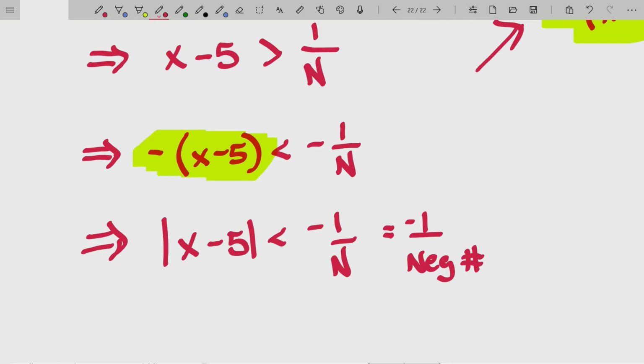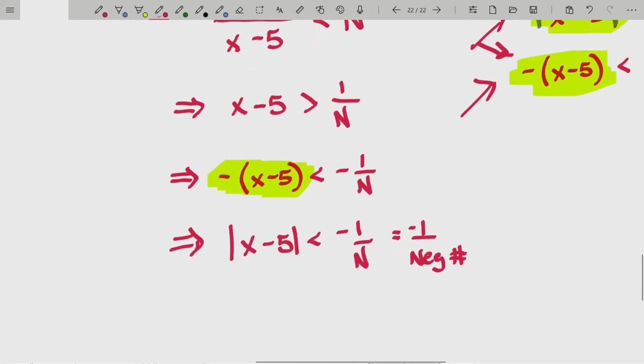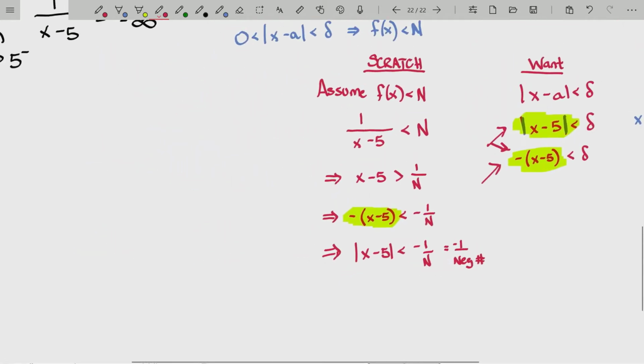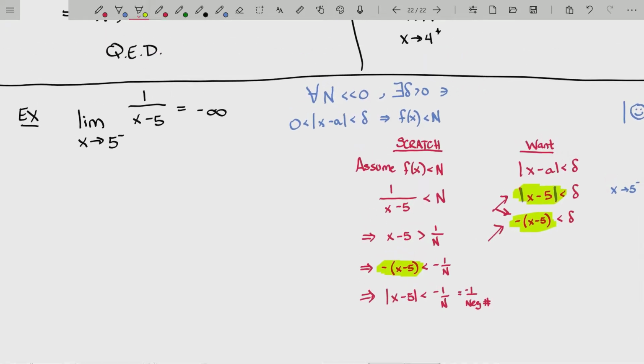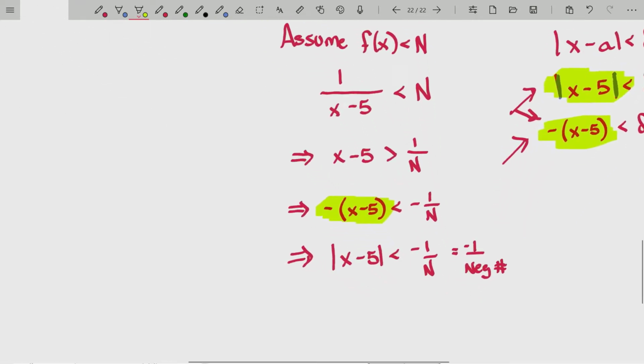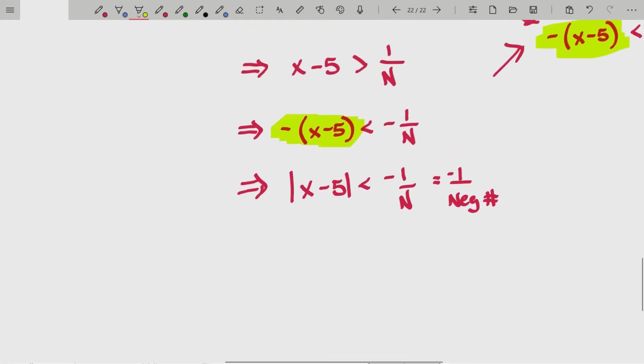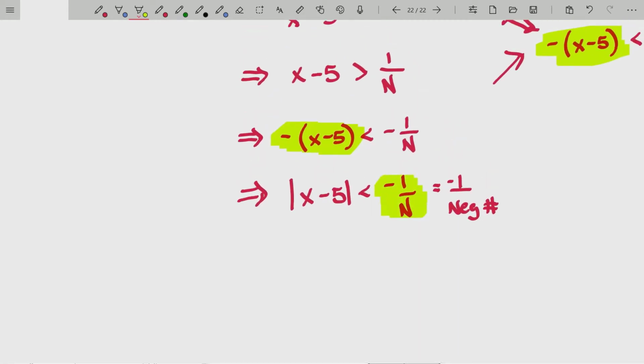I'm not going to put greater than 0 because that's a weird inequality, but remember, n is super duper negative. So we have negative 1 over n, whoops, negative over negative, that's positive. So I definitely have the distance between x and 5 being bounded above by some positive number. And so that will be my choice for delta.